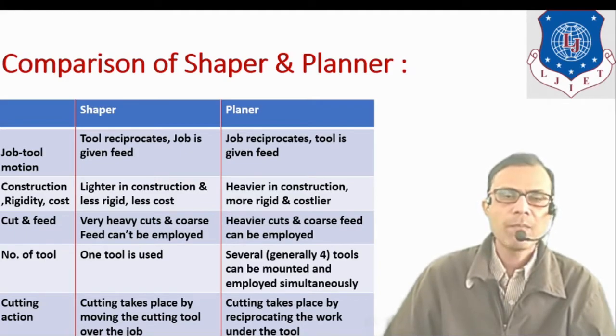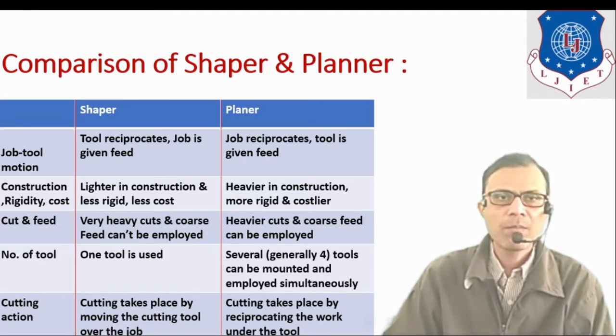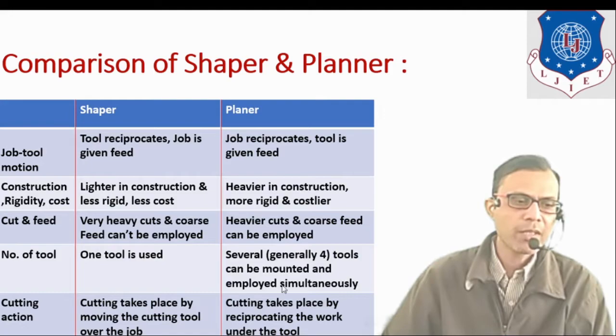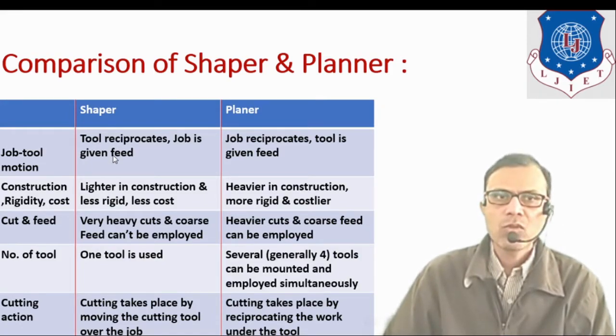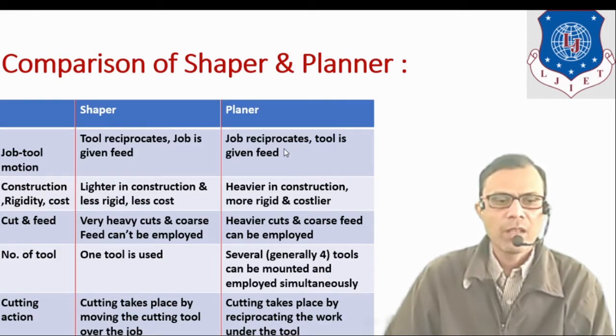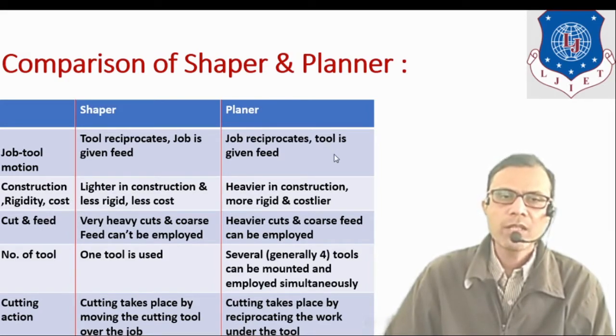Now let's see the comparison between shaper and planer. The first point of comparison is job and tool motion. In the case of the shaper machine, the tool reciprocates, whereas feed is given to the workpiece, that is, intermittent feed. Whereas in the case of the planer machine, the job reciprocates on the table and the tool is given the feed.